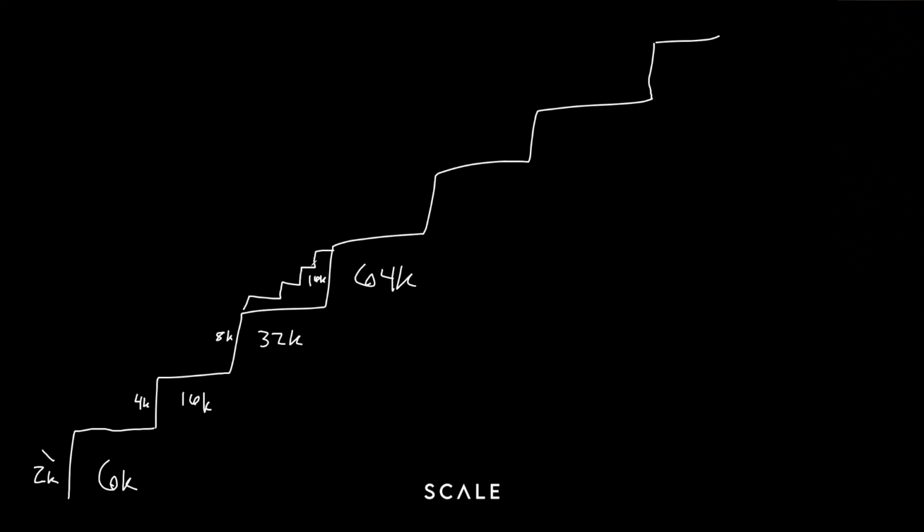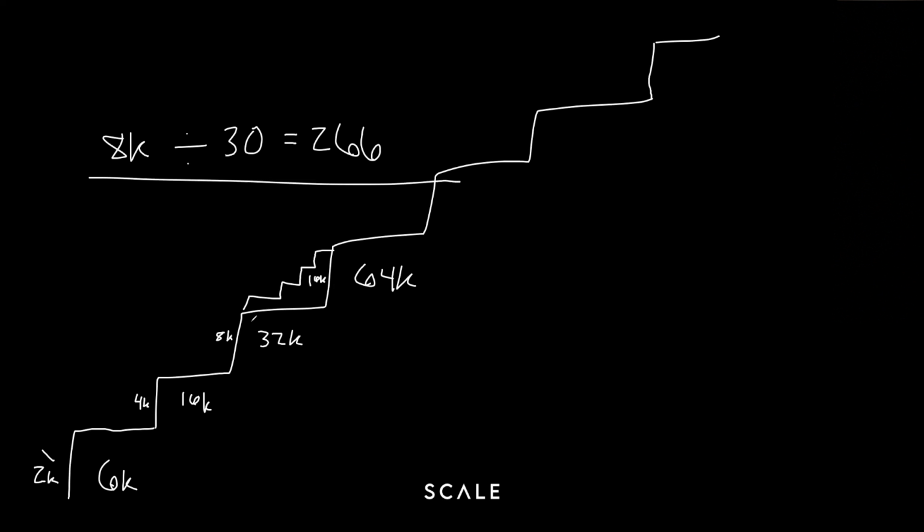So for instance, the difference between 8K and 16K is an 8K difference, divided by a rough number of days in a month, which is 30. I don't know what that math is off the top of my head. Let me pull it up here. 8,000 divided by 30 is 266 dollars per day. Okay. So that's how much you need to increase to get to 16K spending, right?